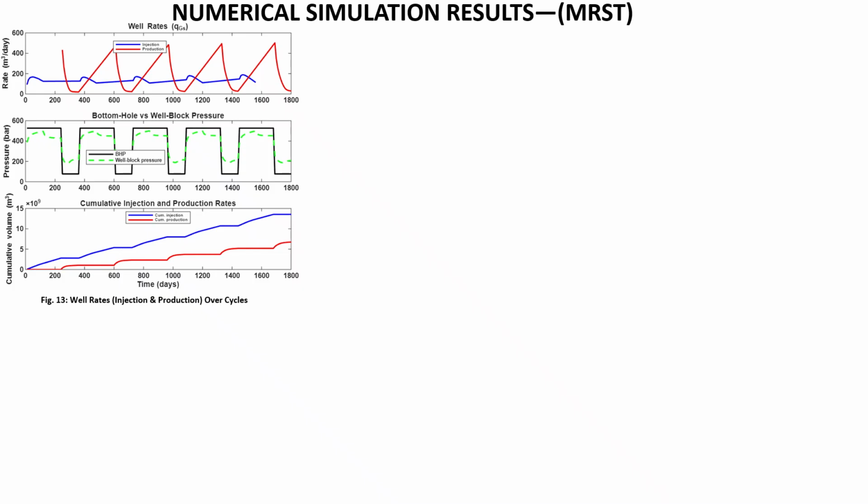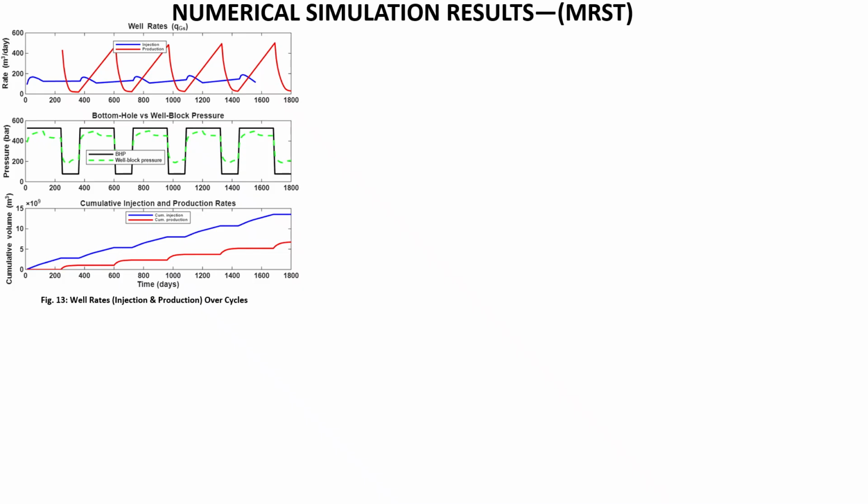On the middle plot, on the left, the y-axis is pressure in bar, and on the x-axis again we have time in days. The black curve represents the bottom hole pressure which we imposed, ranging from about 200 bar during production to about 400 to 500 bars during injection.